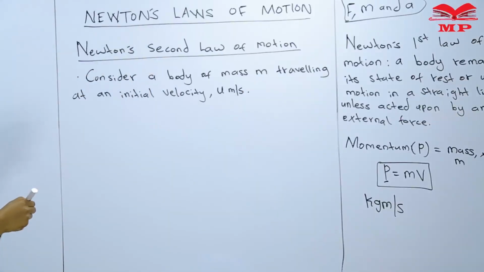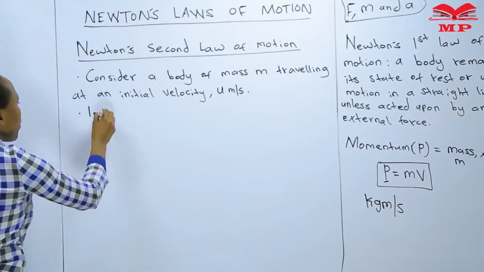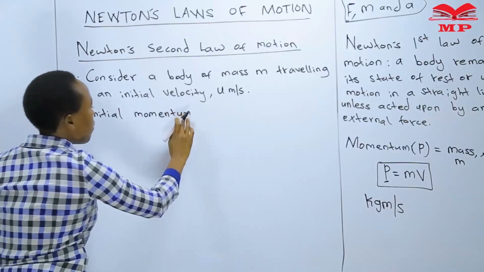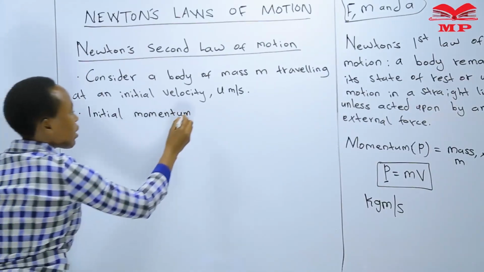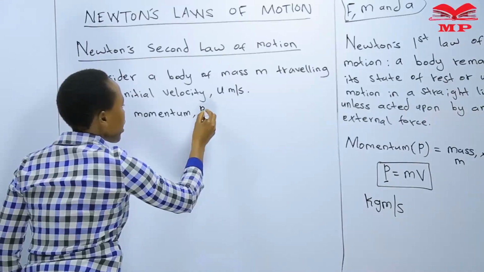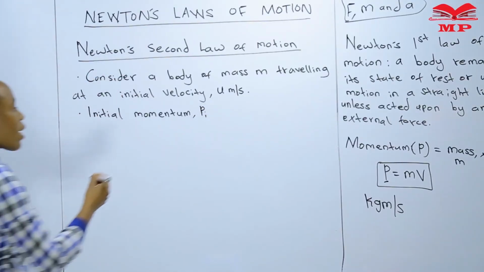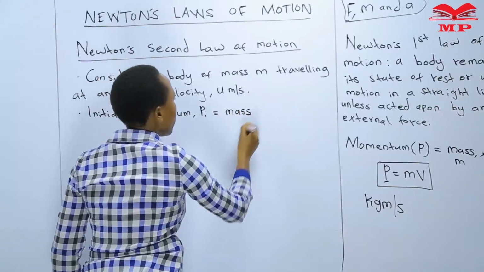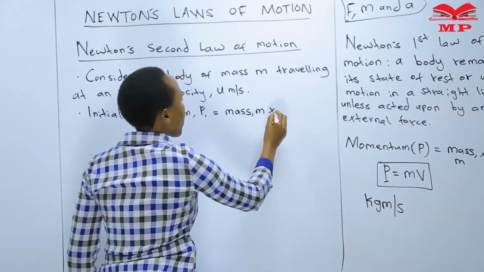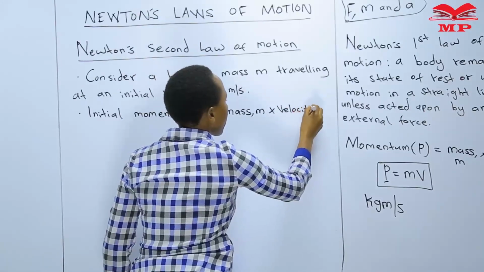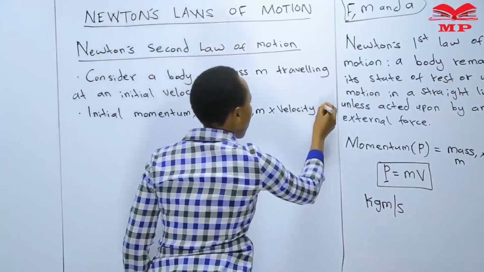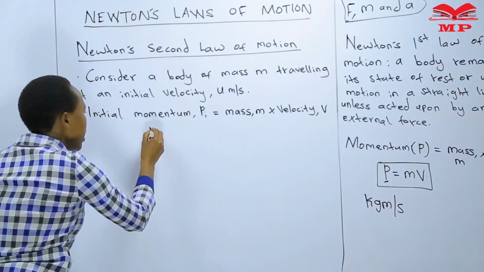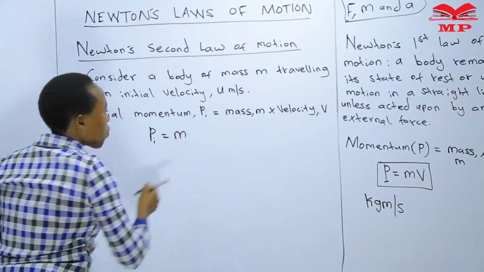Therefore, the initial momentum for this body, which we can write as Pi, for the initial momentum, will be given by the mass of that body, m, multiplied by the initial velocity u.